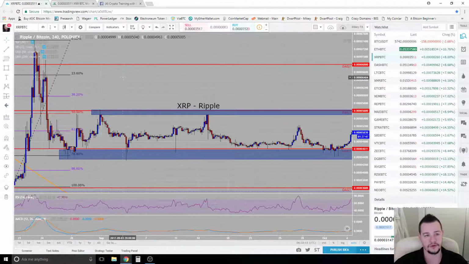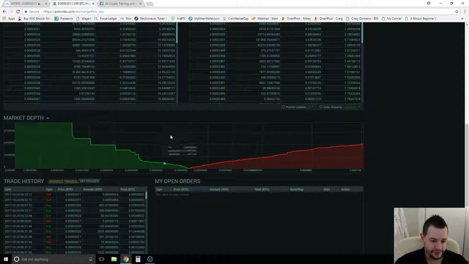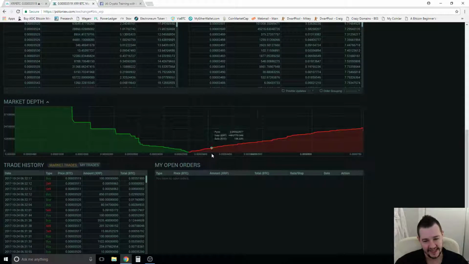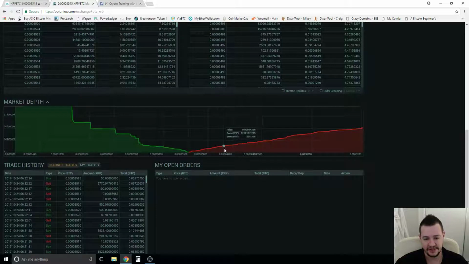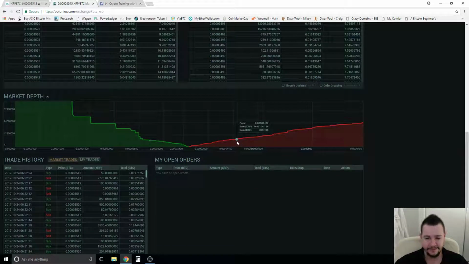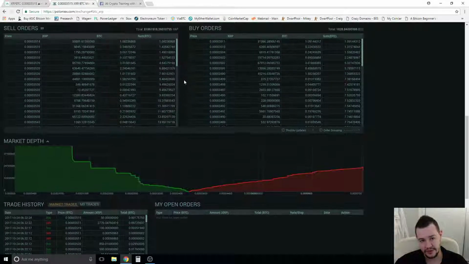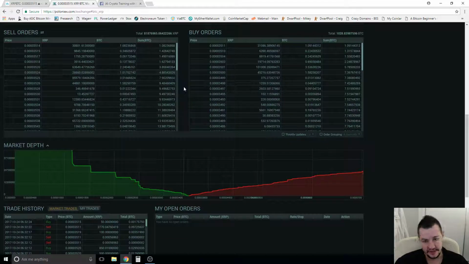You need to combine it all together. So the market depth indicator is realistically almost like a cheat sheet for supply and demand zones, because as you guys know, a lot of the market depth walls are going to be around those round psychological numbers, which act as dynamic support and resistance.